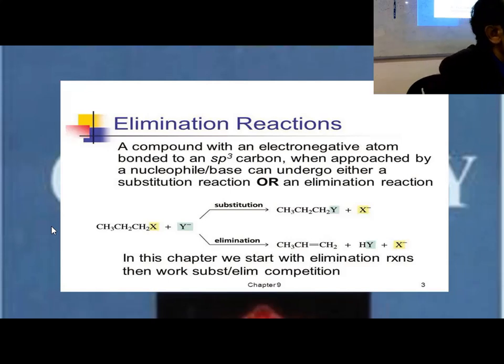Okay. SN1 versus E1 mechanism. First you write down, there is a common carbocation intermediate for SN1 as well as E1 reaction.